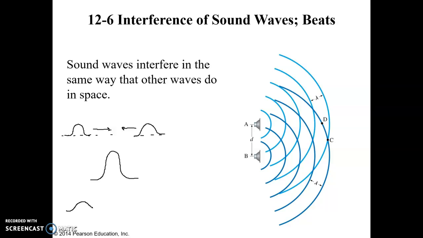Whereas if we had a wave on the positive side of this baseline and a wave on the bottom side of it, when these two waves meet each other, they're going to have destructive interference. They're going to essentially cancel each other out, and there will be no wave here at all, not on the positive or negative side.